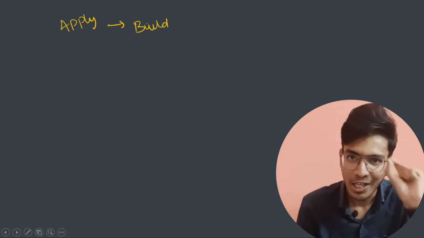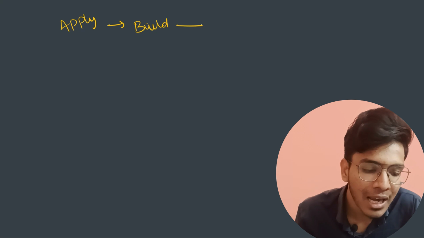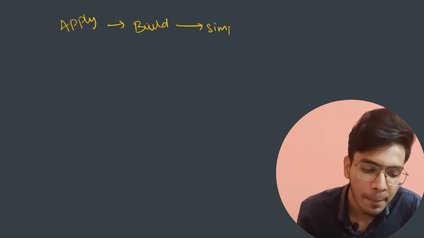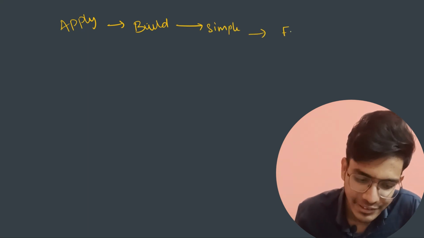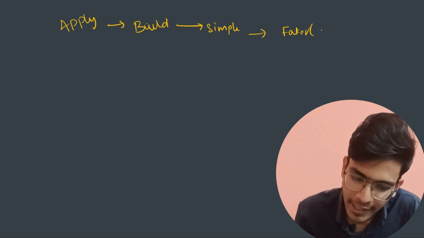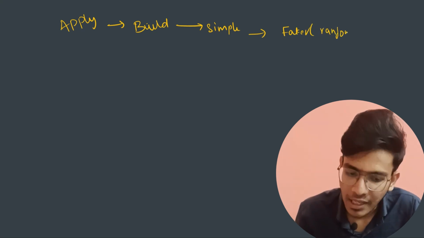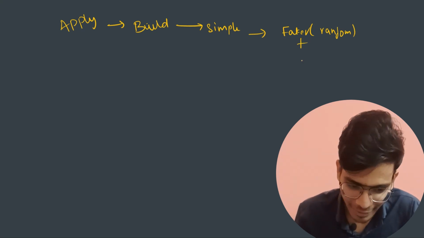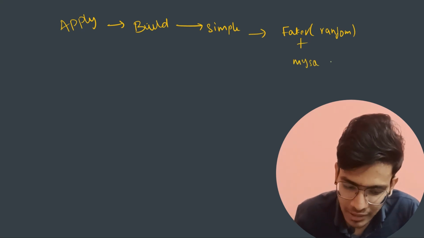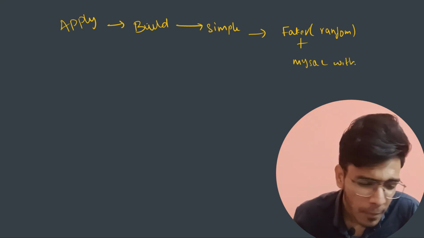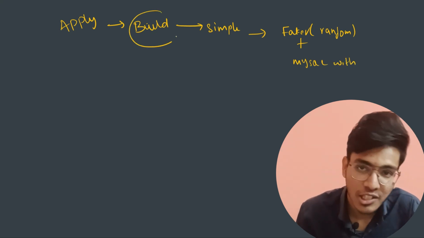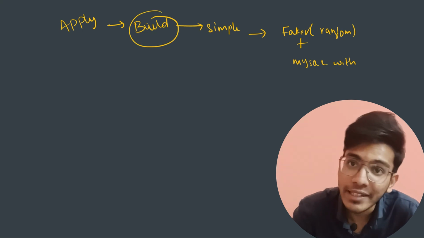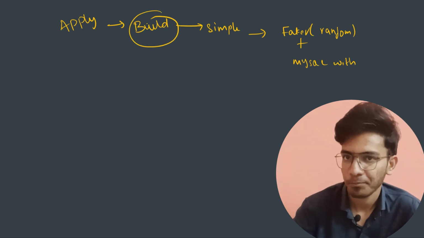We will build a simple application using Faker.js, because this will give me random data, and we will integrate our MySQL with our backend. And by creating this application, you will understand how integration will work in detail.